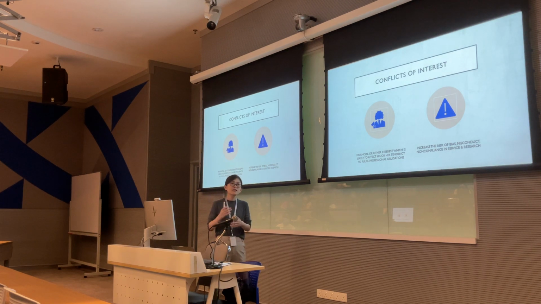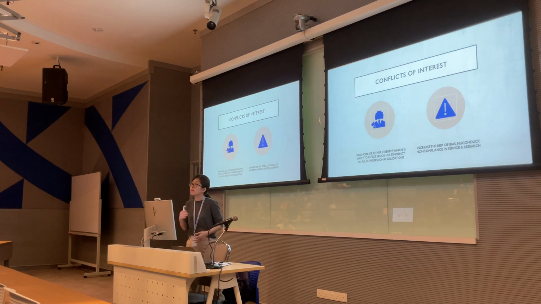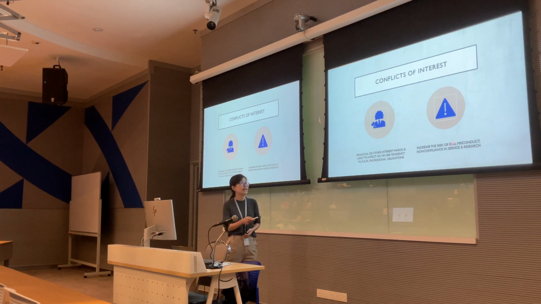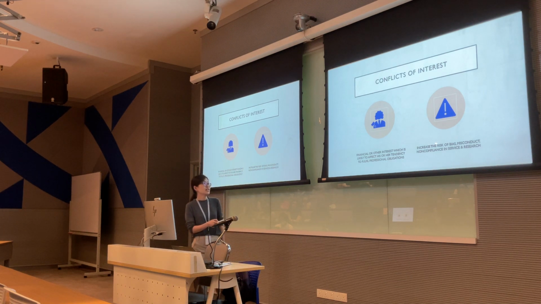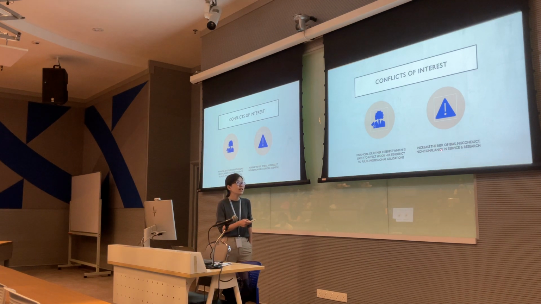Maybe a certain company will provide you some benefit, so that could make you make some biased decision or misconduct. Okay, you do some wrong thing or make a wrong decision due to the benefit, due to the advantage. So this includes all non-compliance activity in service and research.